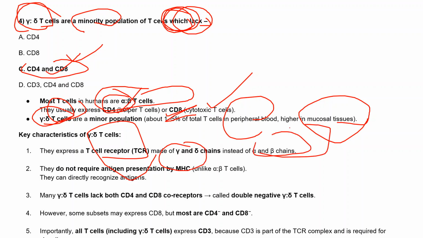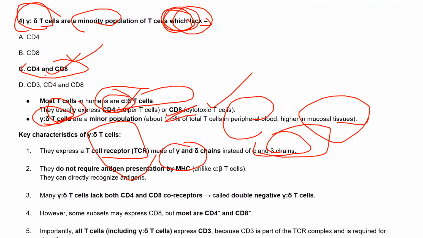Maybe in the second class I mentioned that the gamma delta population can directly go and encounter antigens. They don't require any MHC like alpha beta T cells.